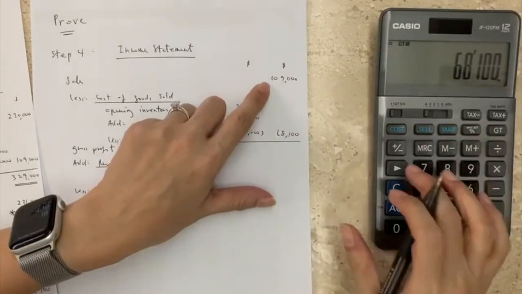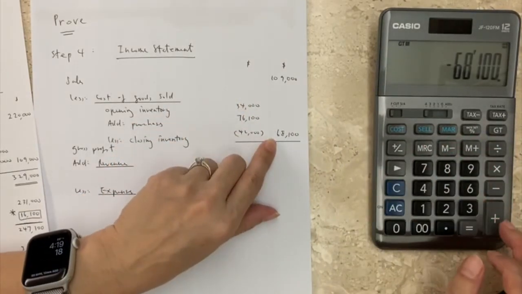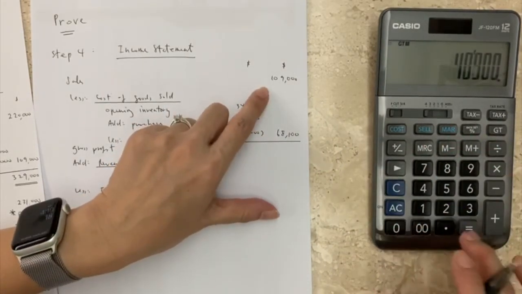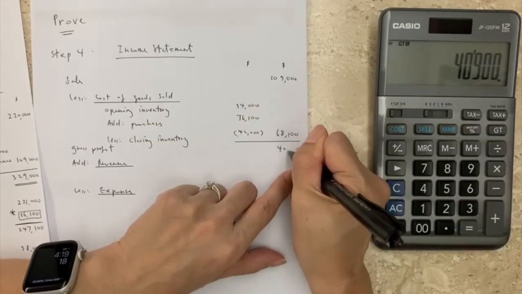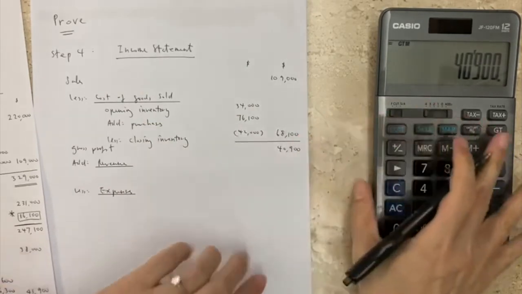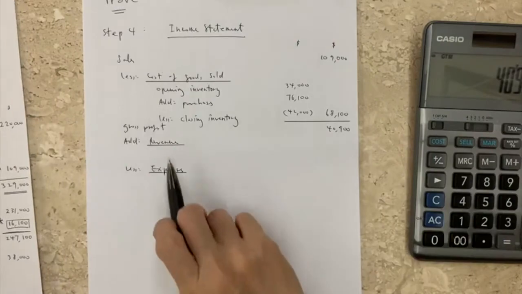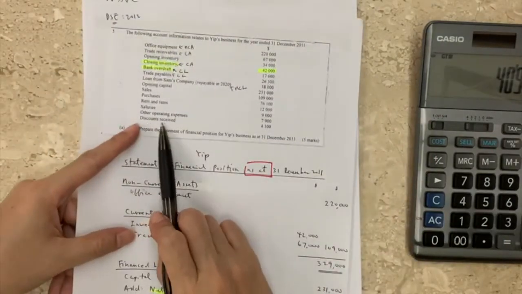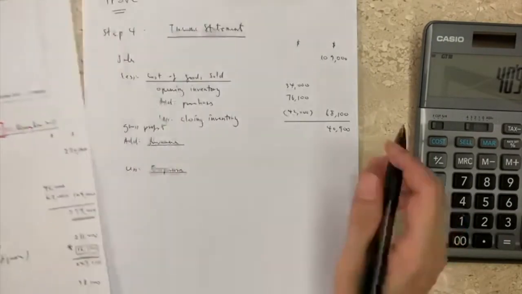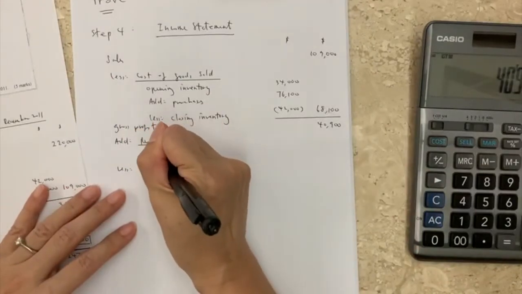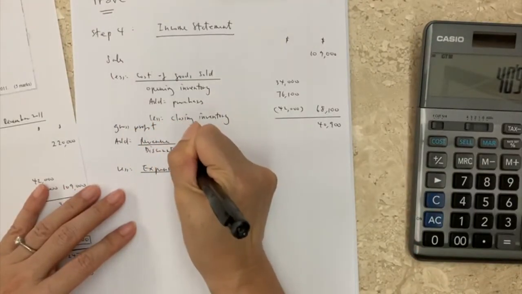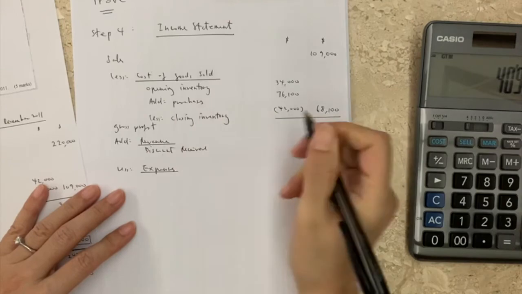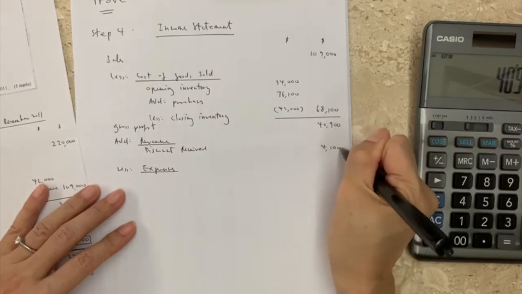All right, and then we have sales minus cost of goods sold, 109,000. Gross profit 40,900. Okay, so let's see, is there any revenue? So we have revenue. Discount received is revenue. So I have discounts received as revenue, so 4,100.